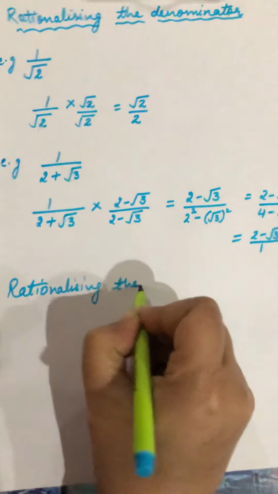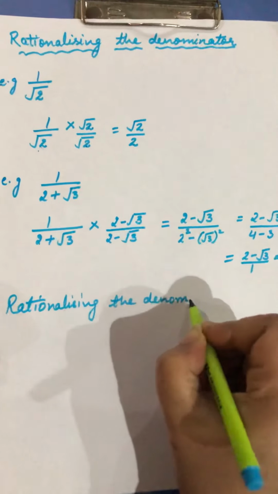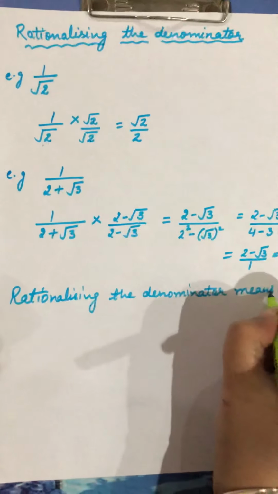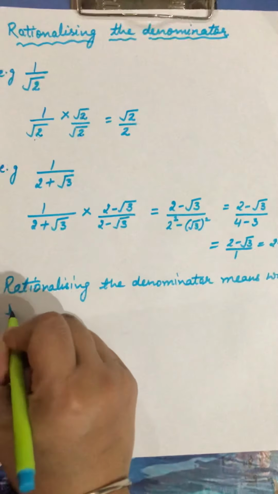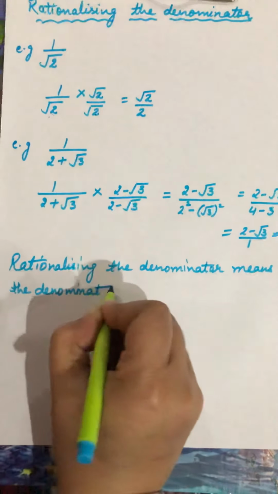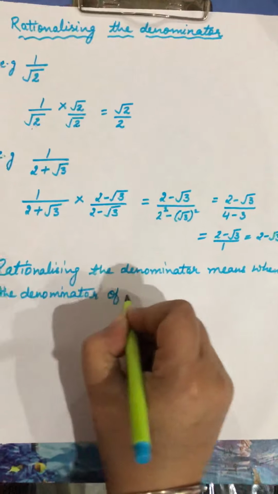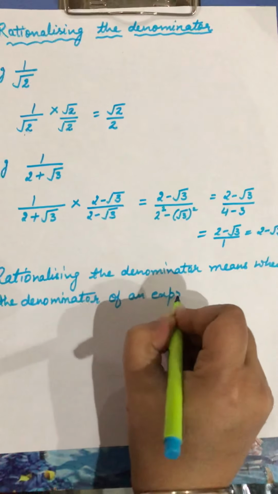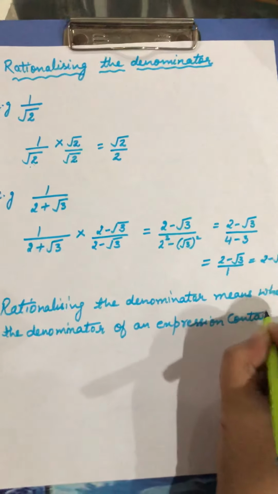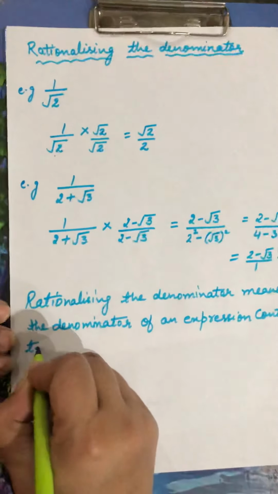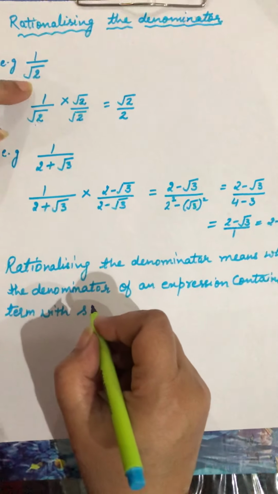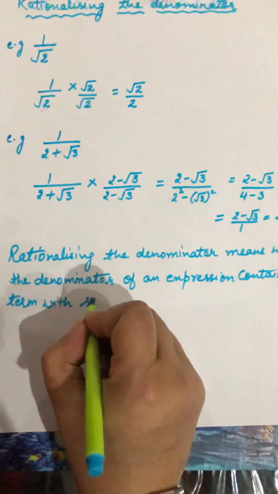Rationalizing the denominator means: when the denominator of an expression contains a term with a square root, like this, a term with square root, the denominator is in square root.